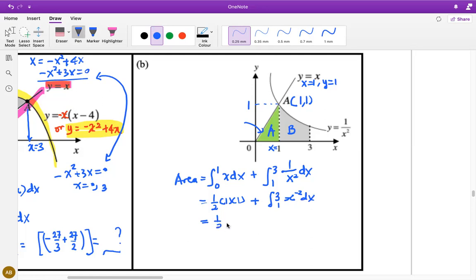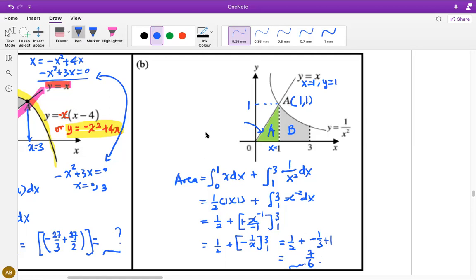So here we get half, then plus negative 1 over x from 1 to 3. So you will get half, plus negative 1 over 3 plus 1, right? So you get your answer, that is 2 over 3 plus 1 over 2. So it should be 7 over 6, okay?